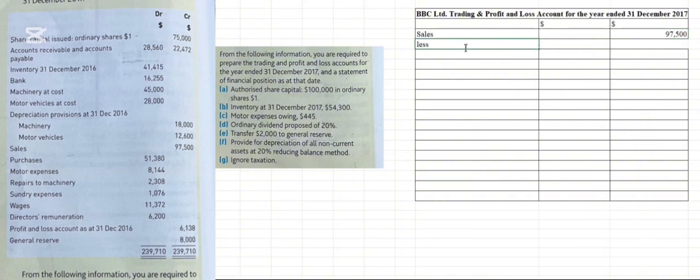Next, we're going to move on to our less cost of goods sold. And within that section, we'll have our opening inventory. And our opening inventory, according to the trial balance right here, is $41,415.